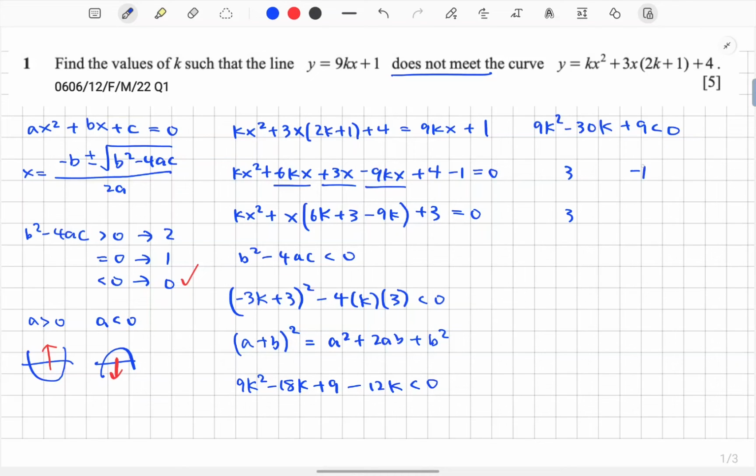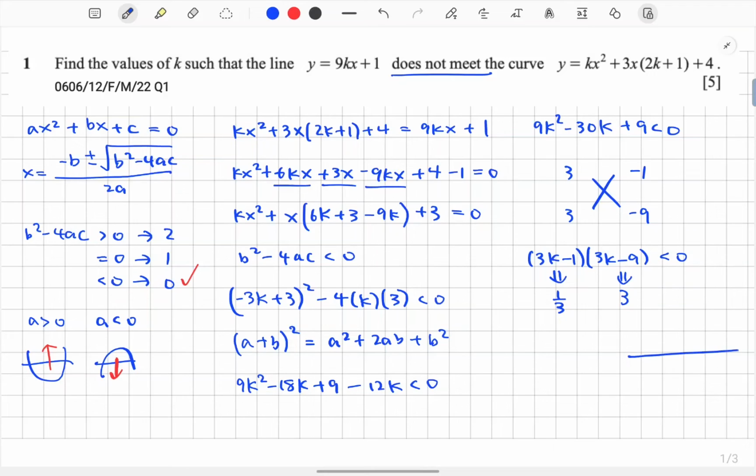If you're not familiar with factorization, you can go ahead and use the quadratic formula. So it will be 3k minus 1 times 3k minus 9 less than 0. When we make them 0 individually, it will give us 1/3 and 3.